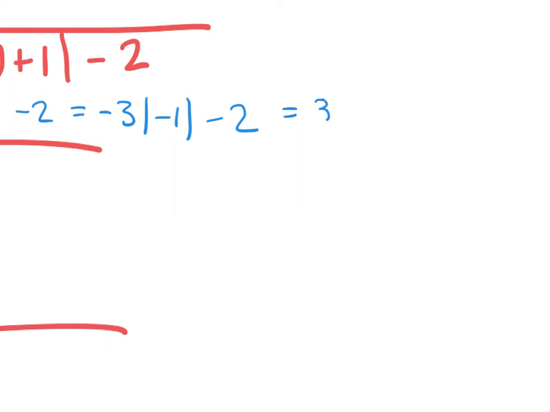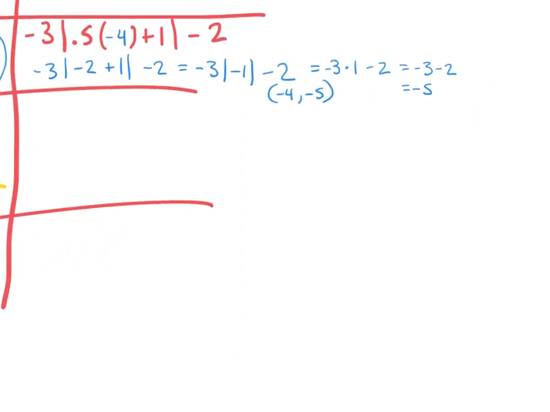So we have -3 times 1 minus 2. What's -3 times 1? -3. And -3 minus 2? -5. So what's our coordinate point here? -4, -5. Perfect.